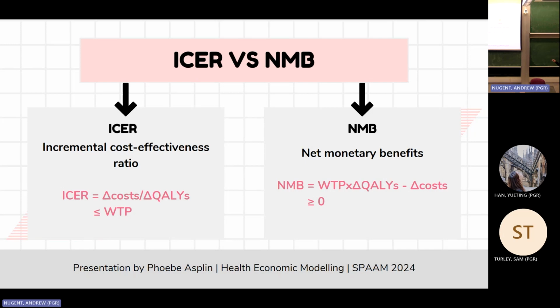And then on the other hand, we have net monetary benefit, which as you can see is literally just the same thing rearranged, where this is the overall monetary gain from going from our comparator intervention to our new intervention. And if this is positive, then we switch to that strategy.